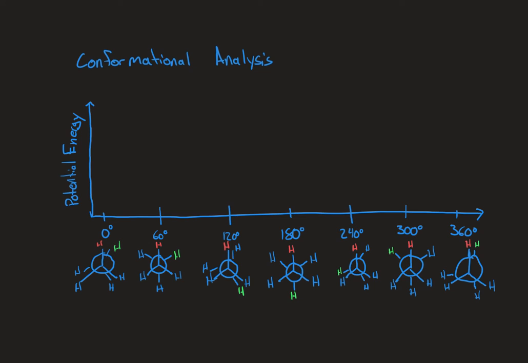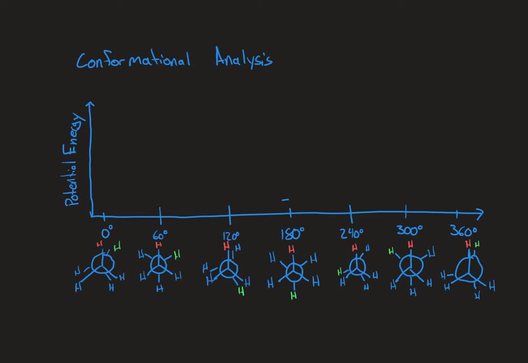Remember that these carbon-hydrogen bonds have a lot of electron density in them, and so we want to get them as far apart from one another as possible because electrons repel each other. And so the staggered conformation is the lowest energy.